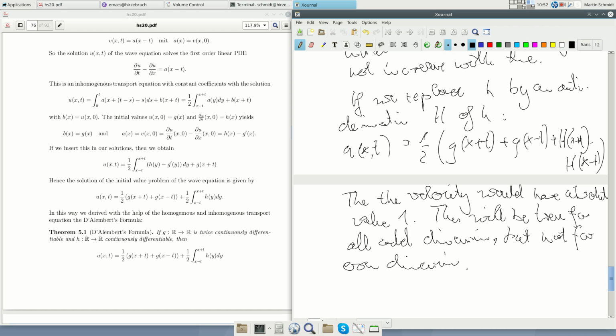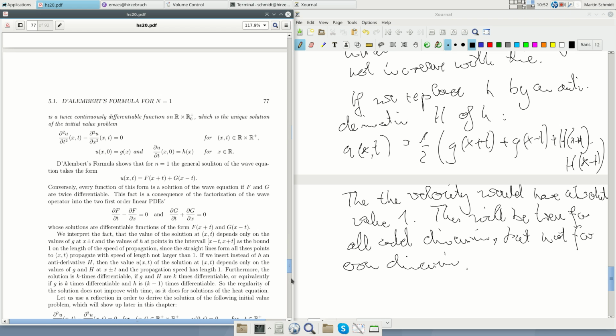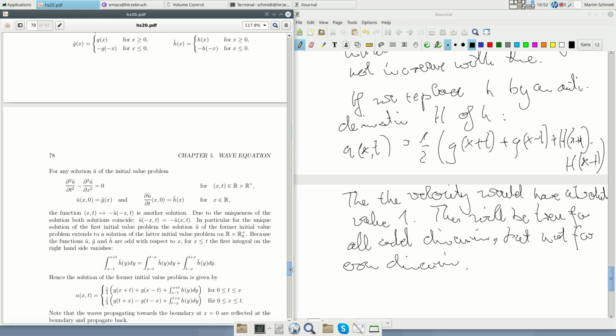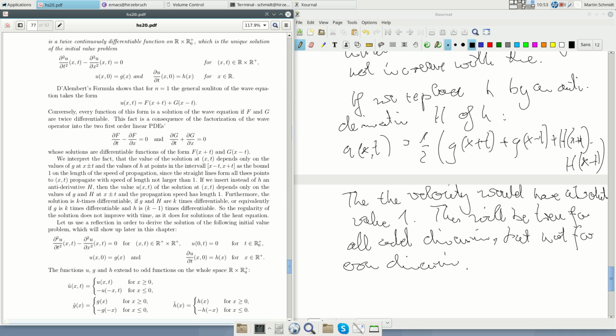At the end of this section, we will solve another initial value problem. It is a quite similar initial value problem, which will show up later in this chapter in higher dimensions.